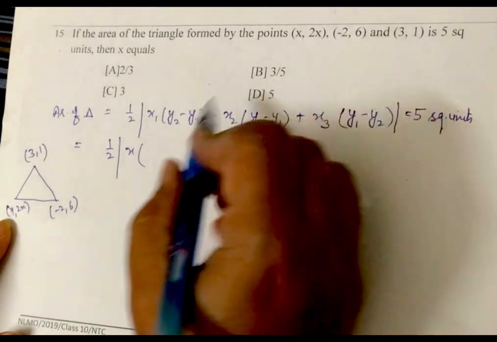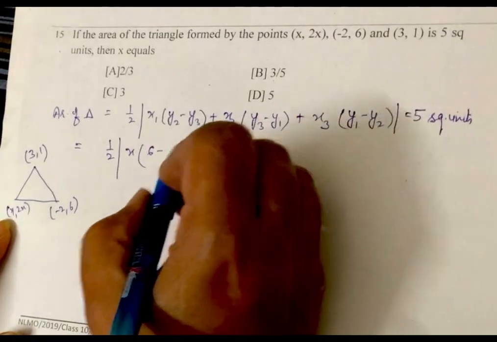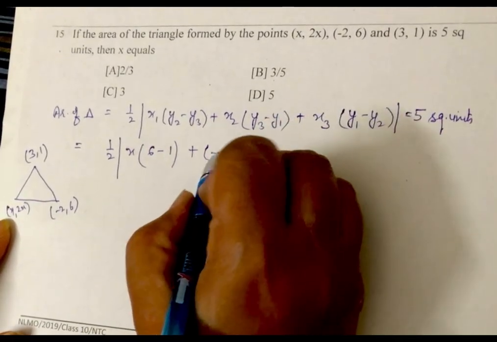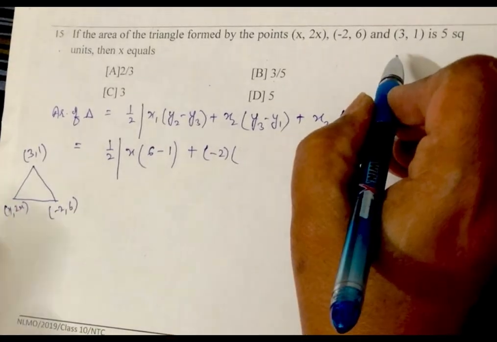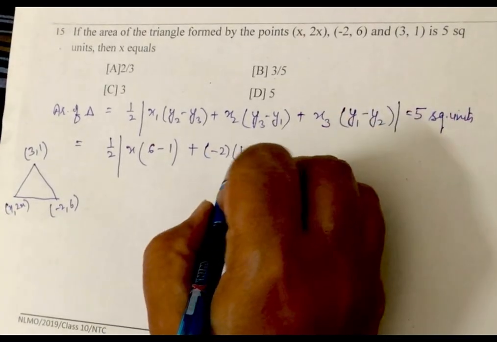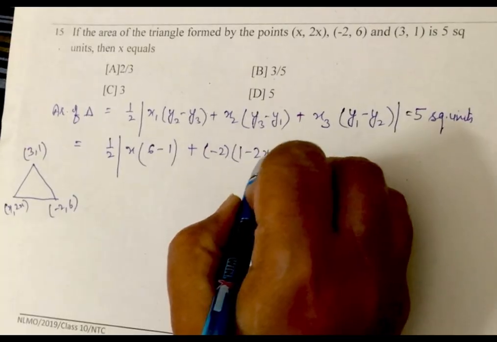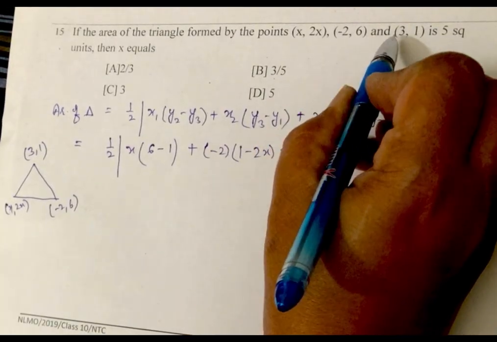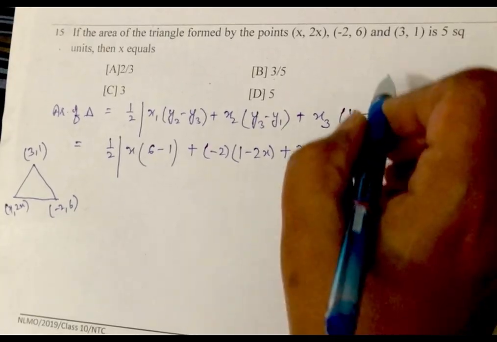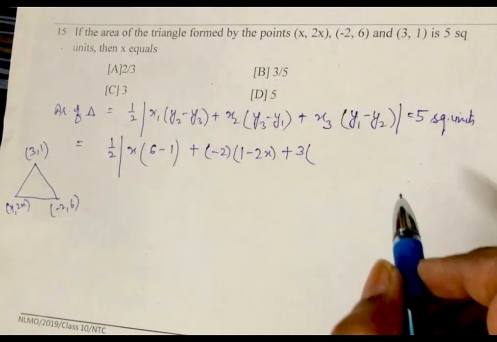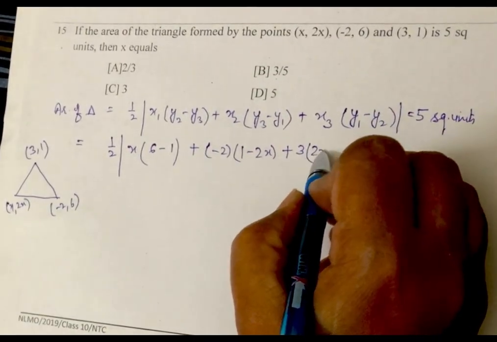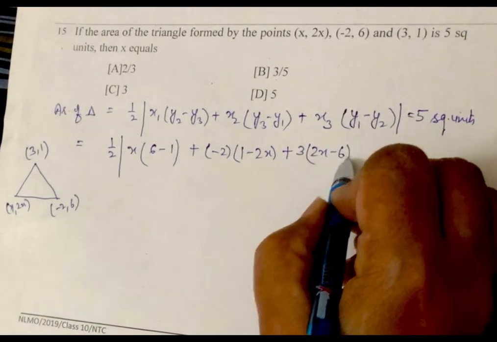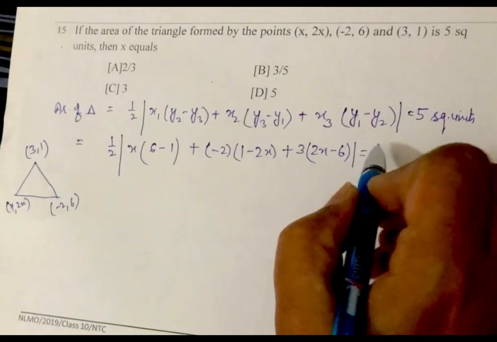So y2 is 6 minus y3 is 1, plus x2 is minus 2, y3 is 1, y1 is 2x. Then plus x3 is 3, y1 is 2x and y2 is 6. That is equal to 5.